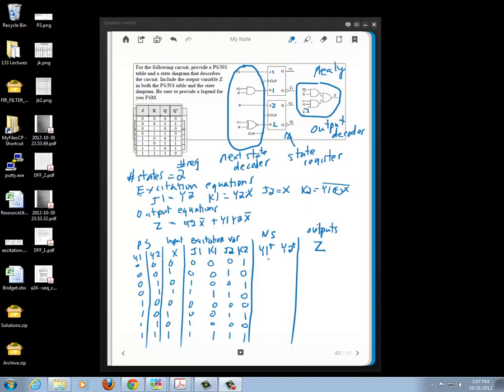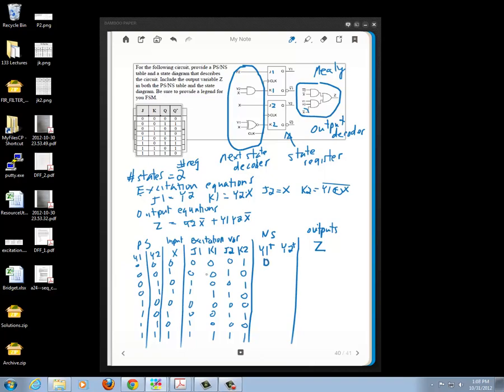So for Y1, we're depending on J1 and K1. This is our JK flip-flop, which is our Y1 state variable. So our next state Y is going to be holding whatever Y1 was, and it was a 0. So my next state for this first row is going to be a 0.